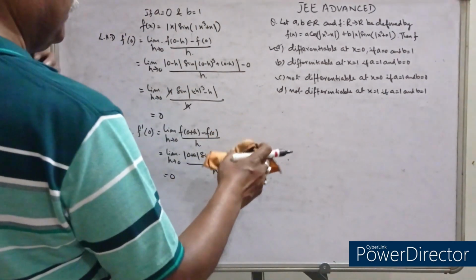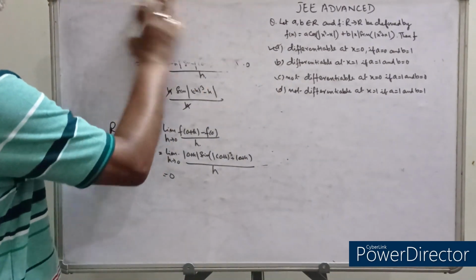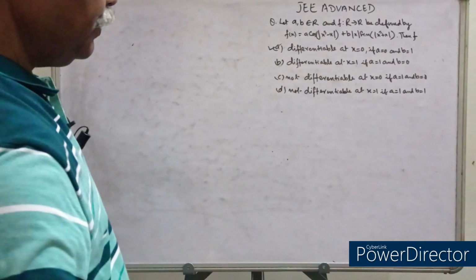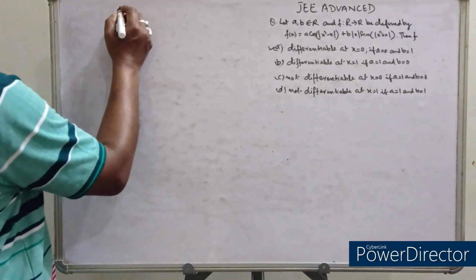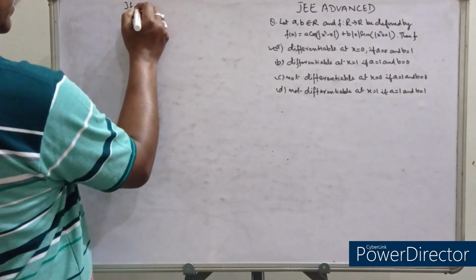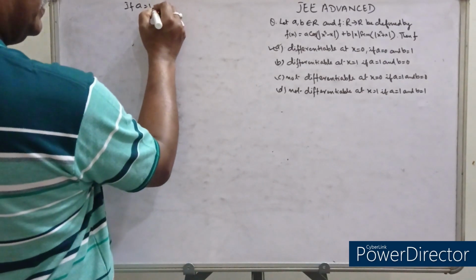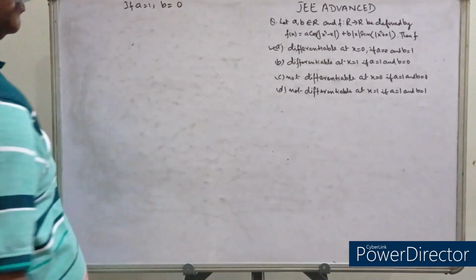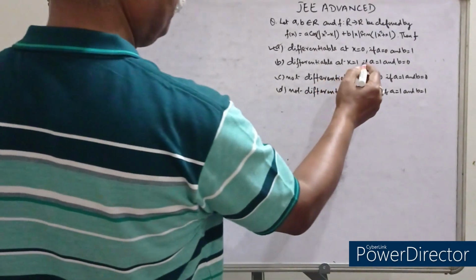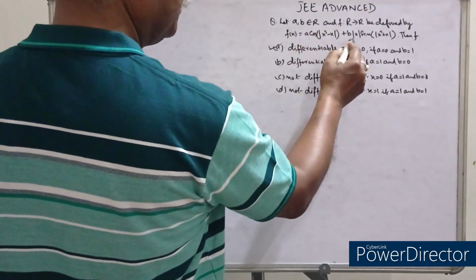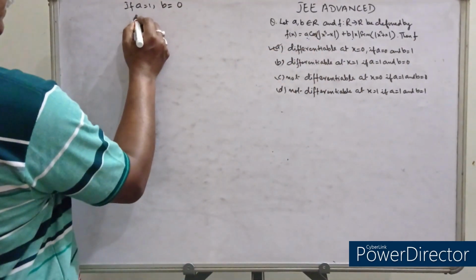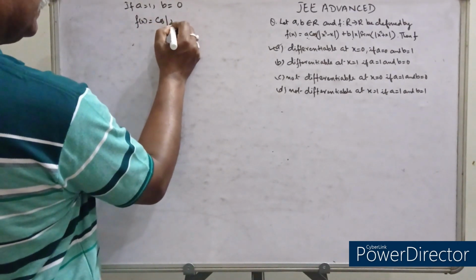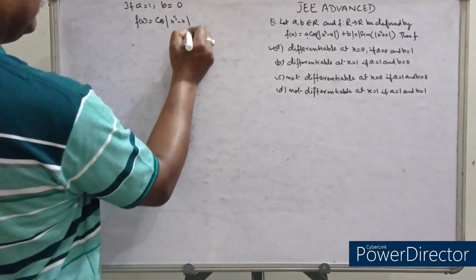Now my next case is, if a is equal to 1 and b is equal to 0. So a is equal to 1, b is equal to 0, so your function is f(x) = cos(|x³ − x|).